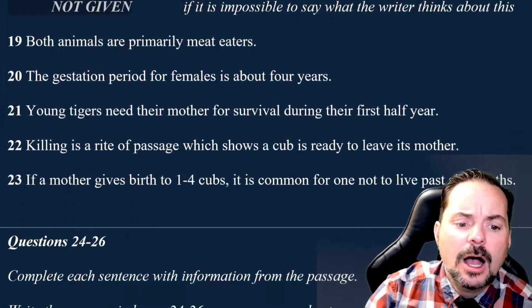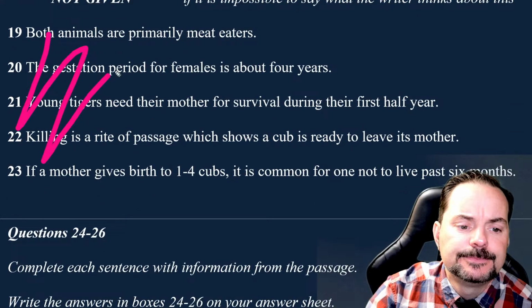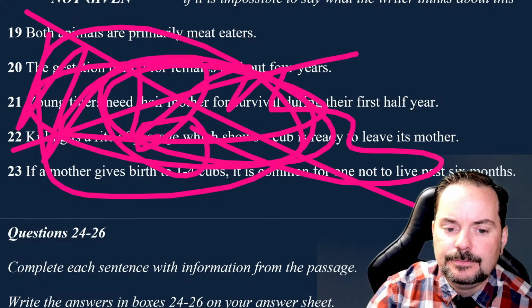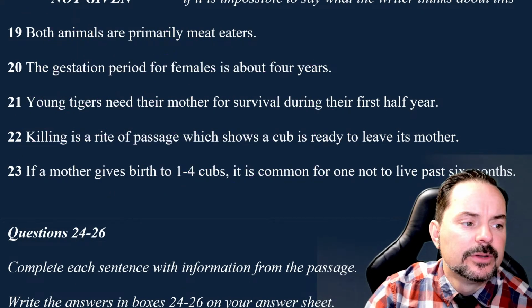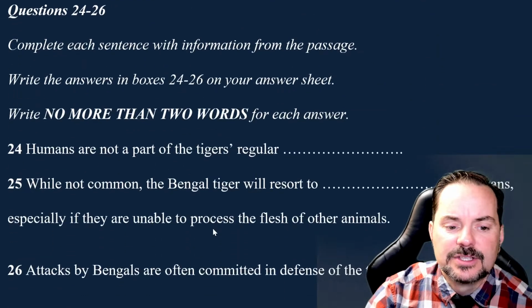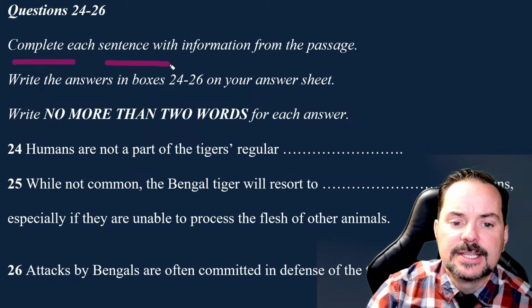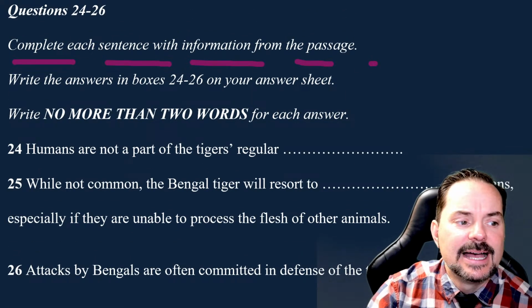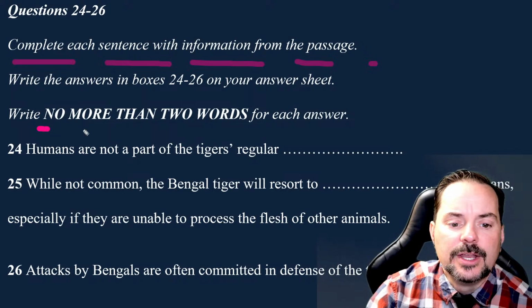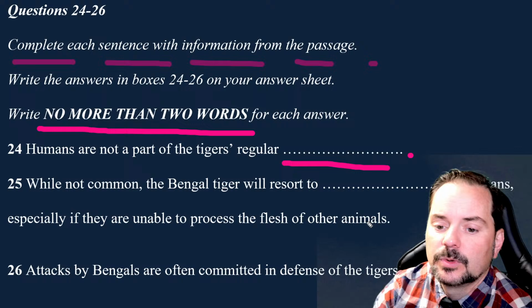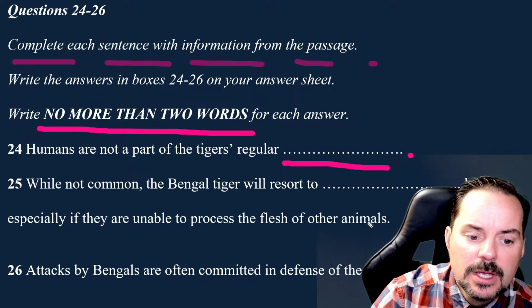All right. Don't read these. No point. We don't know if it's true, false, not given. No need to read that. It's just a waste of time. In fact, it's confusing. Here we have sentence completion. Complete each sentence with the information from the passage. Write no more than 2 words. So this is what's called short answer, or sentence completion.